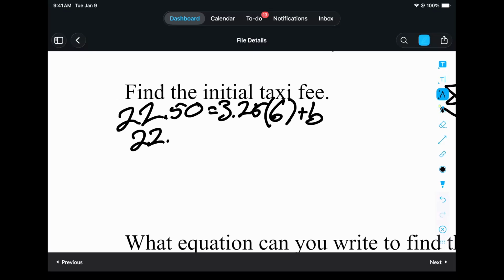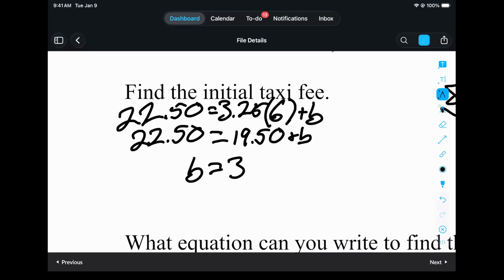So 22.50 equals 3.25 times 6, which is 19.50, right? Dealing with money. Plus b, can't forget about this guy. 22.50 minus 19.50, b is going to equal 3.